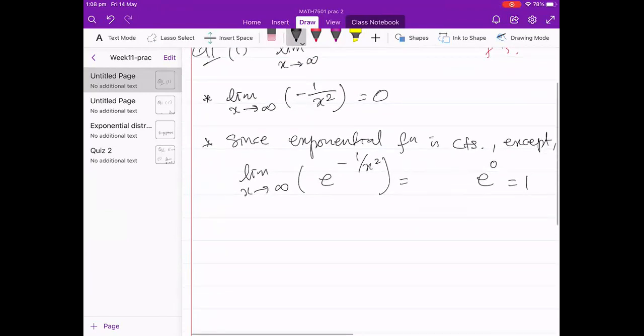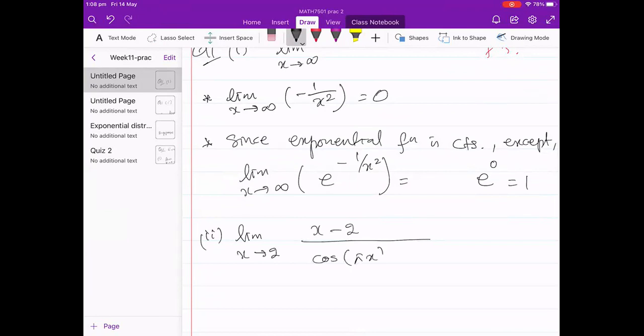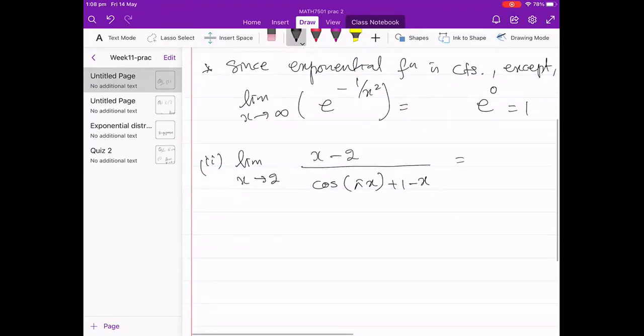The second part is the limit as x tends to 2 of x minus 2 divided by cos of pi x plus 1 minus x. How would you approach this?